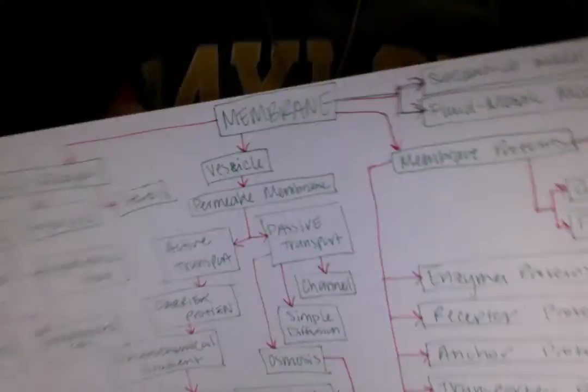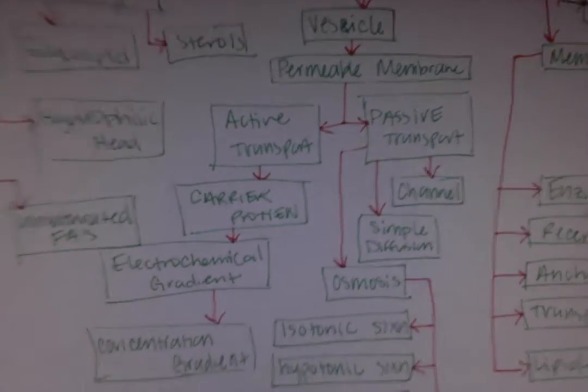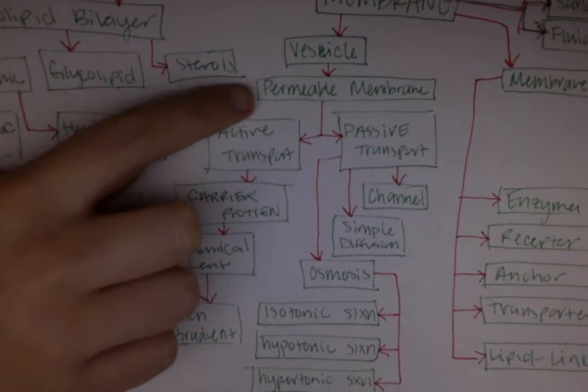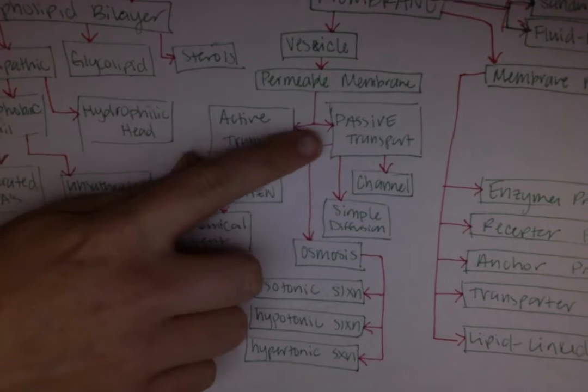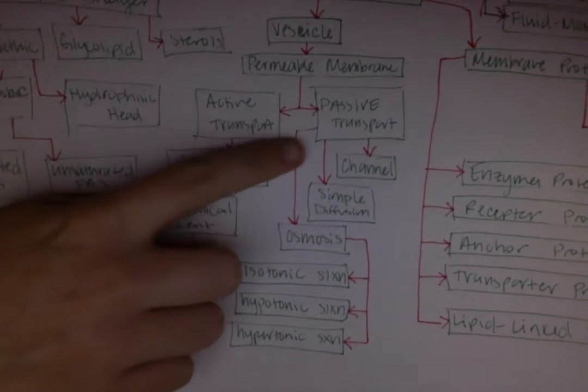Come back to this side. A membrane is made of a vesicle, which is a permeable membrane, passive transport and active transport.